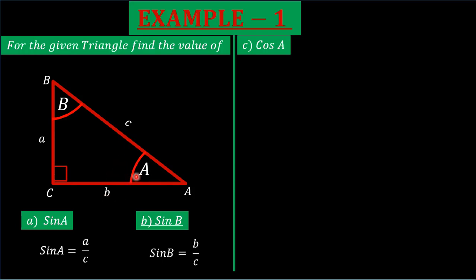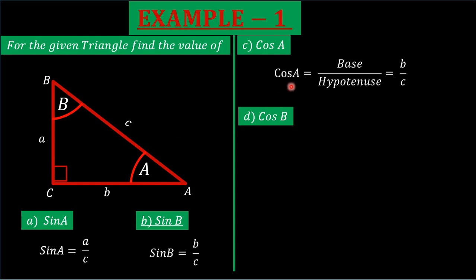We are considering the angle A, so your base will be side b and your hypotenuse will be the side c. So cos of A is equal to base over hypotenuse, meaning b over c. Similarly, if we consider the angle B, then perpendicular will be the side b and a will be the base. So cos of B will be equal to base over hypotenuse, meaning a over c.